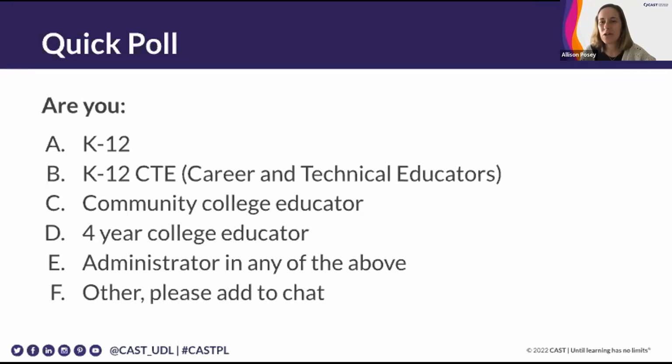And yes, if you clicked F, let us know what your other is. We see evaluator in here, a consultant, instructional designer, regional education coach and consultant, member of Governor's Workforce Council, State Board of Ed, private college educator with certificates, 2 and 4-year programs, digital accessibility analyst, UDL ed consultant in New Hampshire, an ID specialist at a career college, student advocate, AT program director.